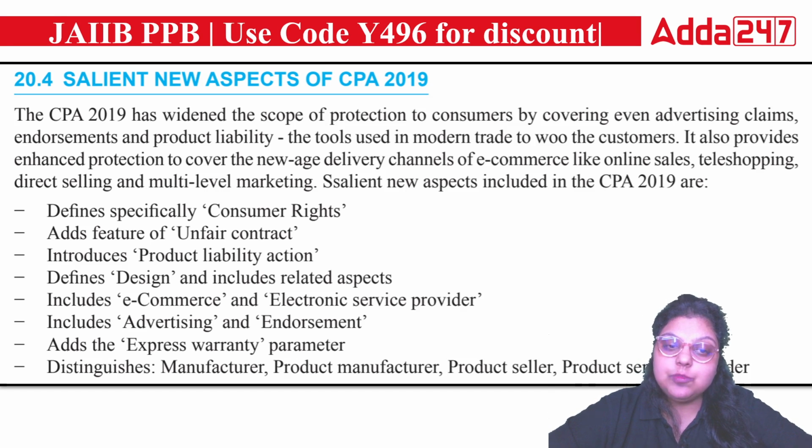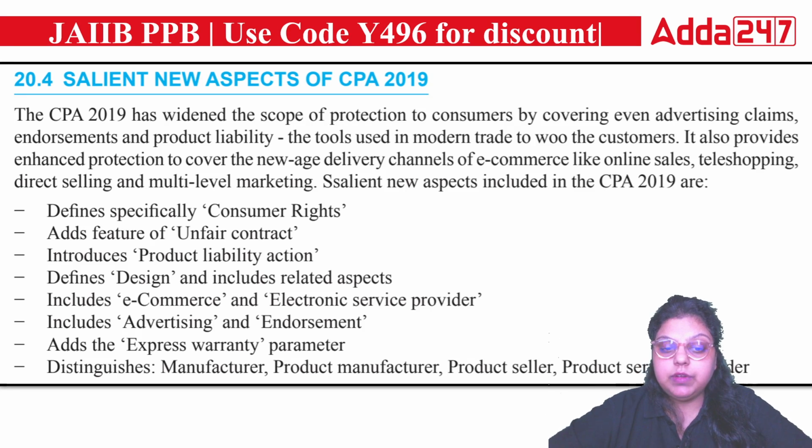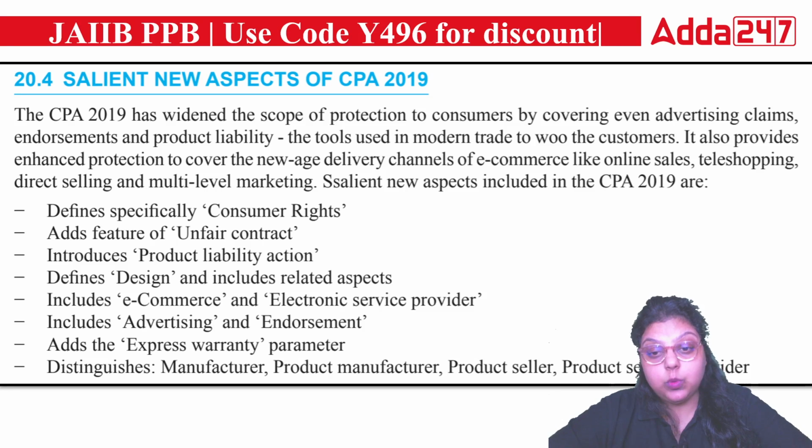It also provides enhanced protection to cover the new age delivery channels of e-commerce like online sales, tele-shopping, direct selling, multi-level marketing, etc. And the new salient aspects of the Consumer Protection Act 2019 include: it defines specifically the consumer rights, it adds the feature of unfair contract, it introduces the product liability action, it defines the design and includes interrelated aspects, it includes e-commerce and electronic service providers, it includes advertising and endorsement, it adds express warranty parameters, and it also distinguishes between the manufacturer, product seller and product service provider. All these will be differentiated by the CPA.